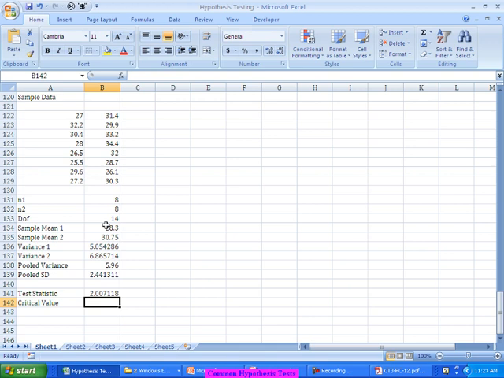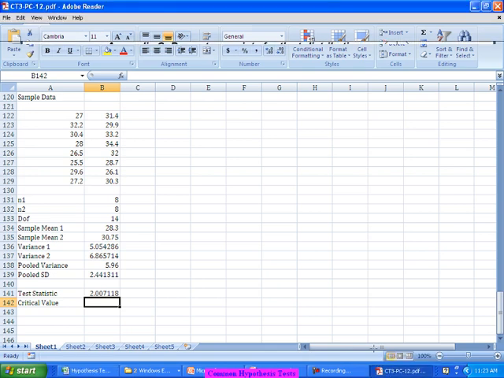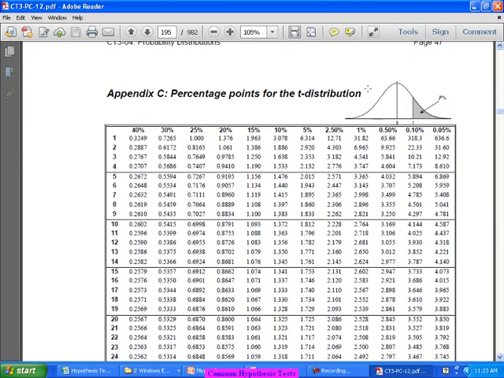Now you can look for the critical value corresponding to 14 degrees of freedom and 5% in the tail. What is the area corresponding to 5% in the tail? This is the area corresponding to 5% in the tail.